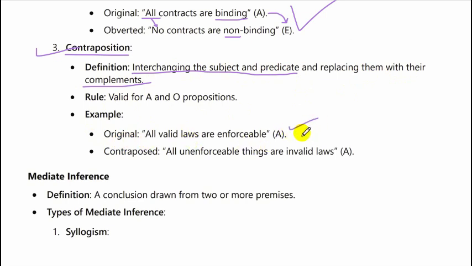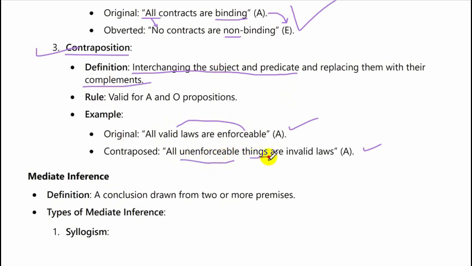This is A. So A gets converted to A. All unenforceable things, because you have to replace them with their complements. Now let us also understand what is a complement. But first let's go through the example. First thing is we have to interchange the subject and predicate. So the predicate becomes the subject.